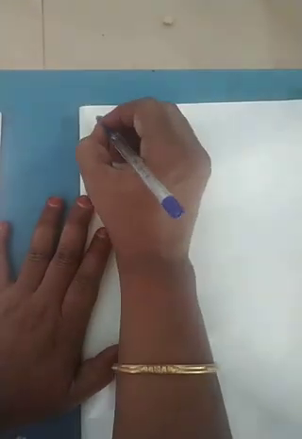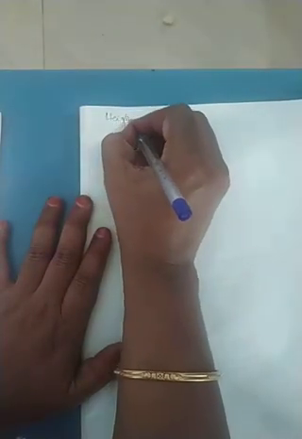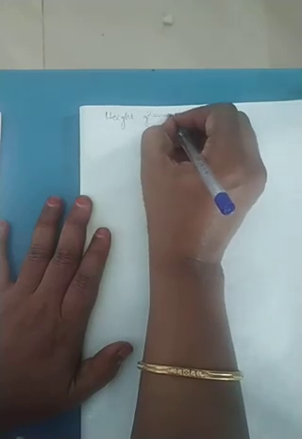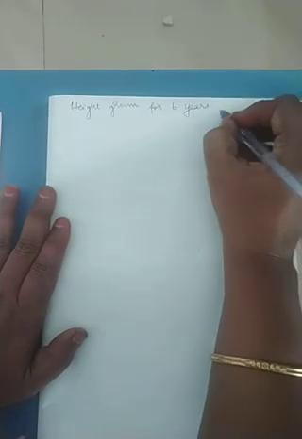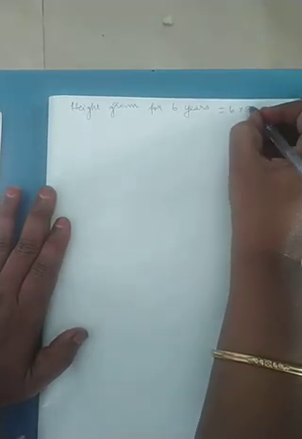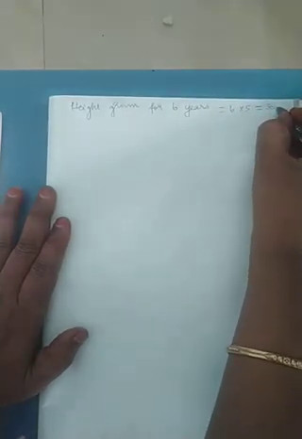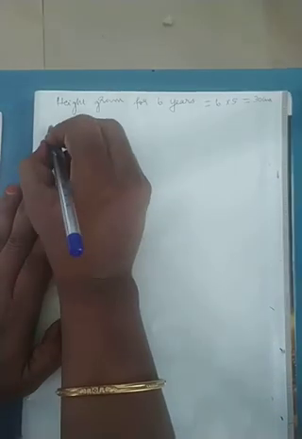Now they are asking for height grown for 6 years. 6 years means what? It will become 6 into 5, which is equal to 30 centimeter. Keep it like that.